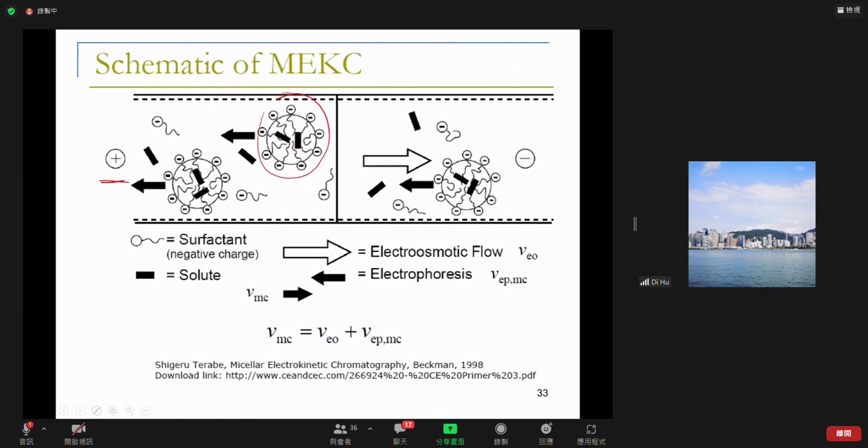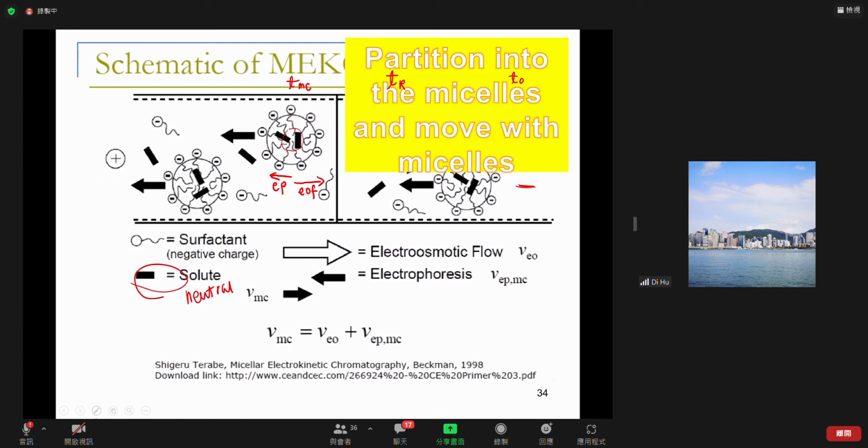This is the separation mechanism of MEKC. So it really depends on the relative hydrophobicity of the compound, on its partition between the hydrophobic core of the micelle and the polar aqueous buffer.